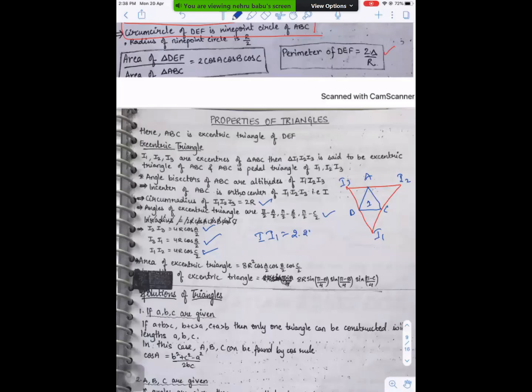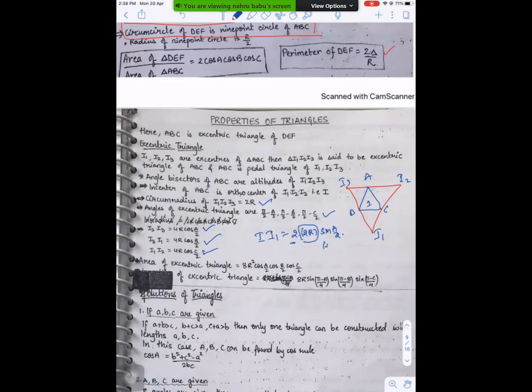Sir, in any triangle, the orthocenter distance to a vertex is 2R cos A. So the same thing, we know all angles also. So here what you will get, I I1 distance is 4R sin A by 2. Why you get it like this: the distance from the orthocenter to a vertex formula is 2R cos A. The 2 is this 2, R means circumradius, and in this triangle the circumradius is 2R.